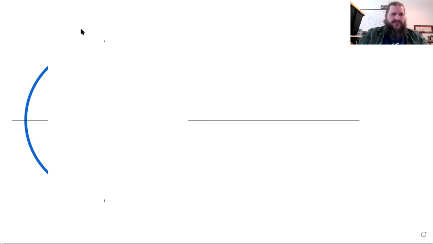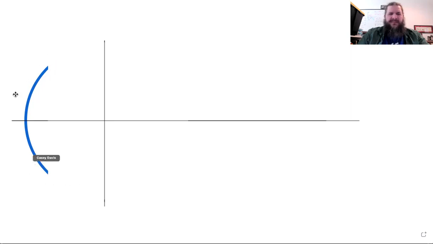I guess that means I'll need to redraw the lines here. There we go. So we've got this bent mirror that's shaped like a portion of a sphere. And we can mark the center of that and any lines through the center we want.